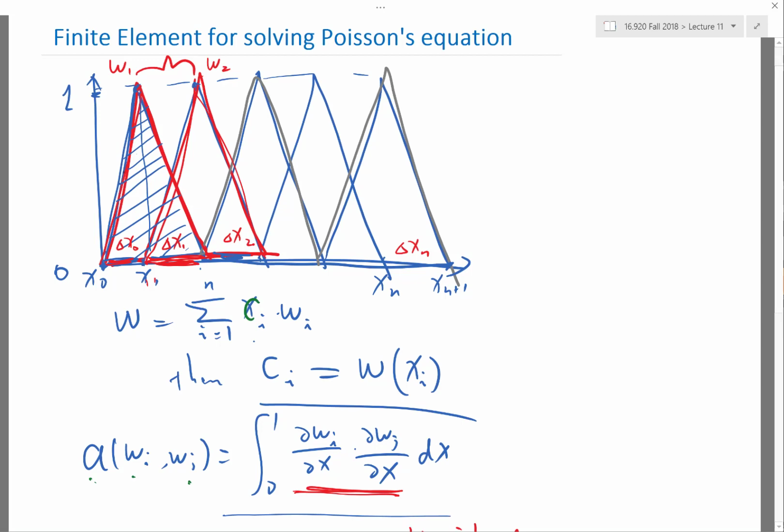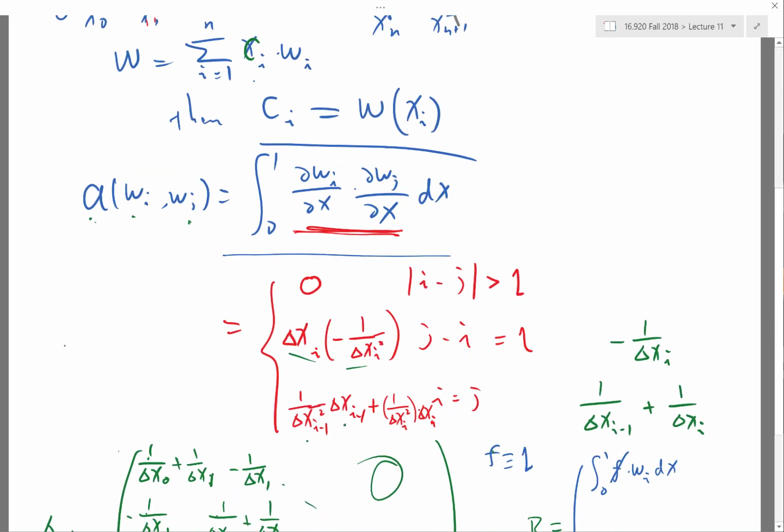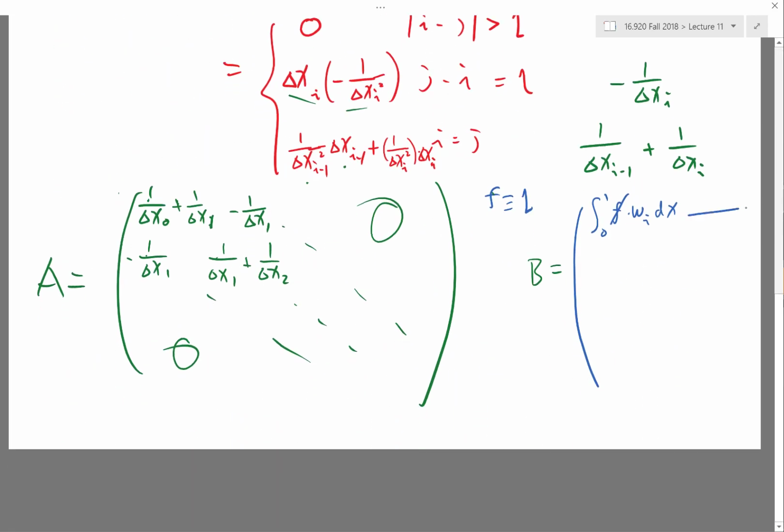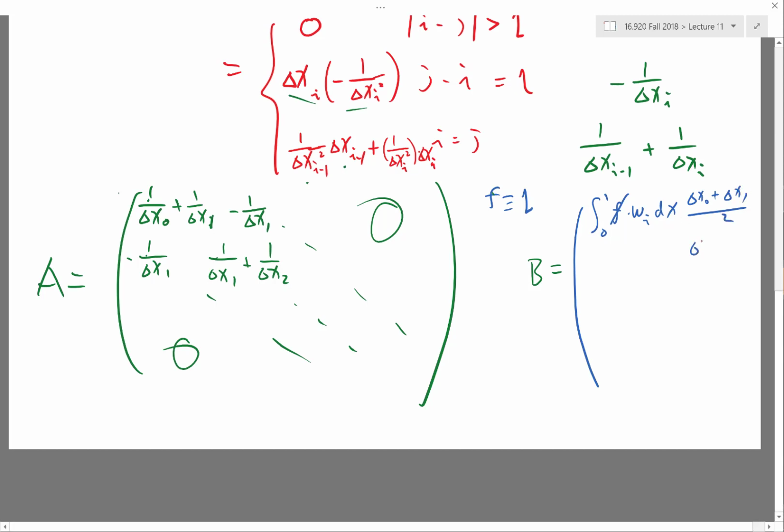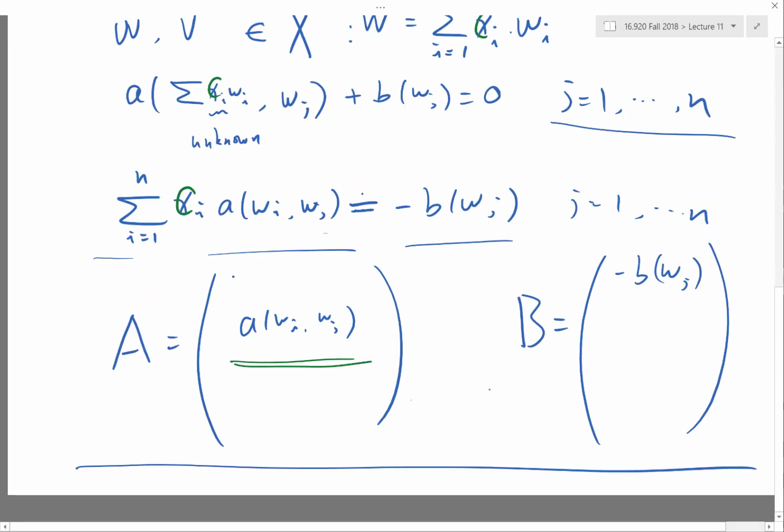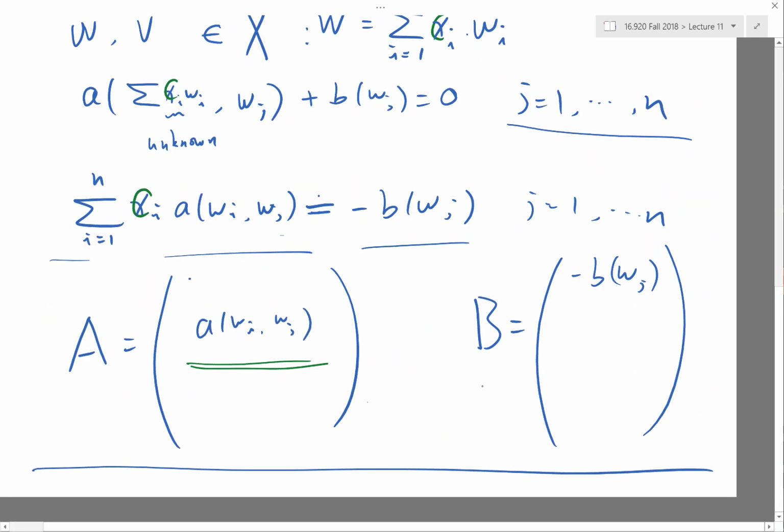Yes, it's basically the average of the two adjacent element sizes. So this one is delta x0 plus delta x1 divided by 2, then delta x1 plus delta x2 divided by 2, etc. Okay, so that's my right-hand side. Basically the right-hand side consists of the application of the linear form on each of these basis functions.